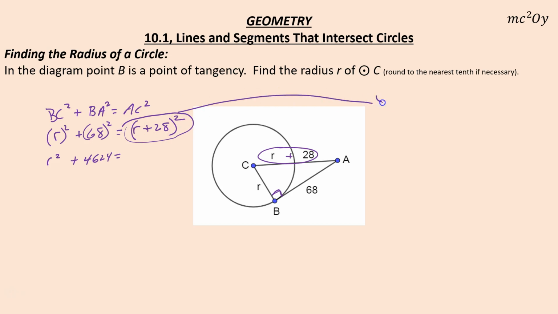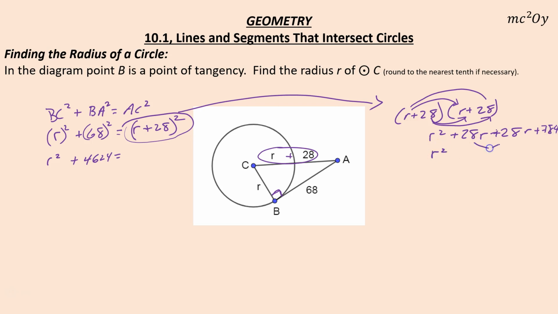If you can't remember, that is R plus 28 times R plus 28, which is R squared plus 28R plus 28R plus 784, which is R squared plus 56R plus 784.